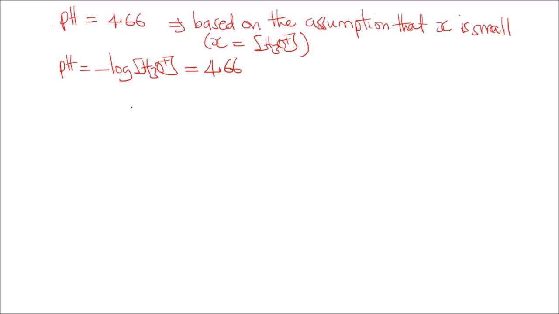Therefore, the concentration of the hydronium ion in this case is 10 to the power negative 4.66, which is 2.2 times 10 to the power negative 5 molar, and that is our X. So how do we determine if X was correct?